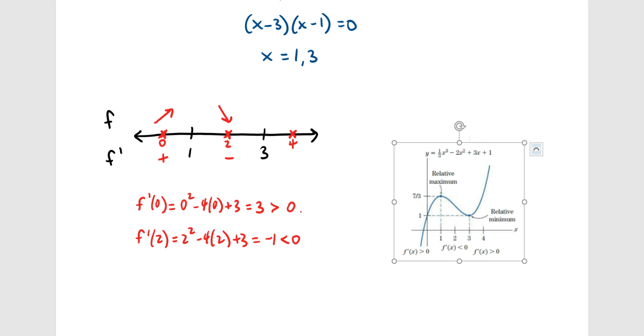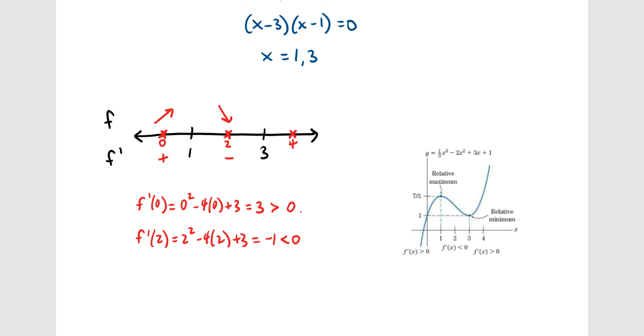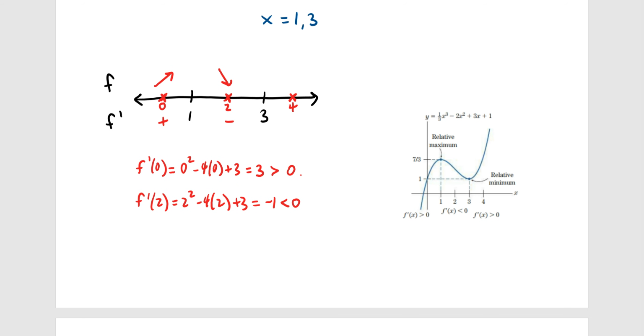And then the last one is f prime of 4, which is 4 squared minus 4 times 4 plus 3, which is 16 minus 16 plus 3, which is 3, which is positive, so positive and increasing.